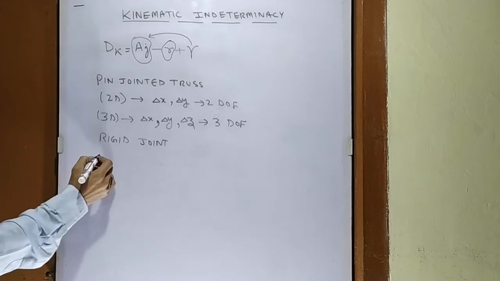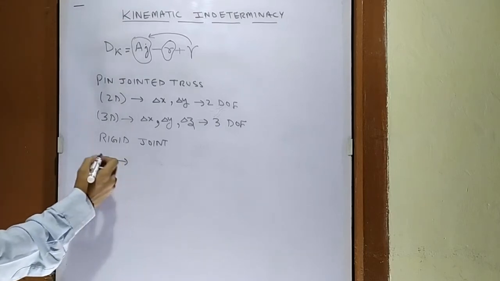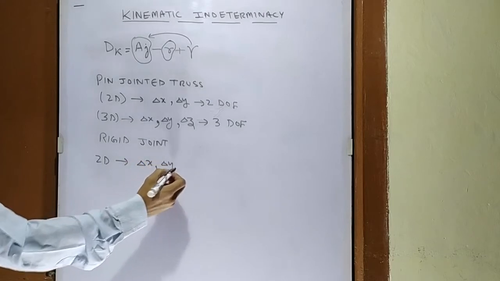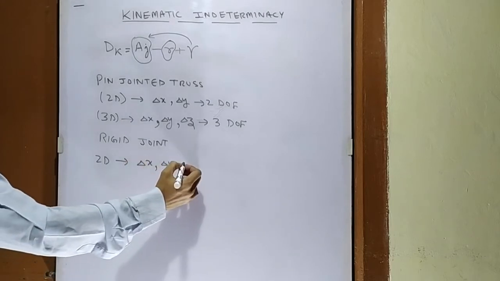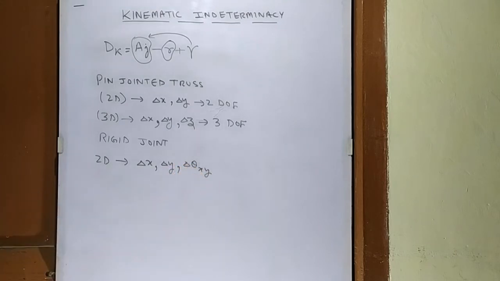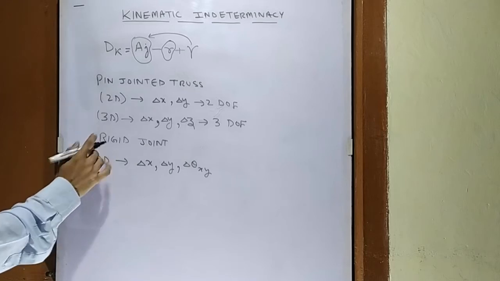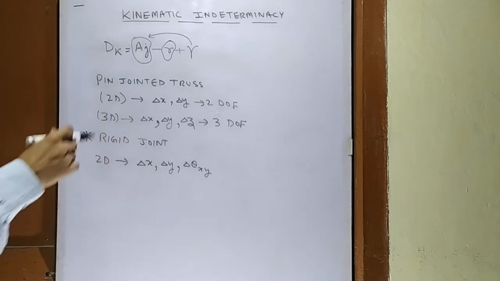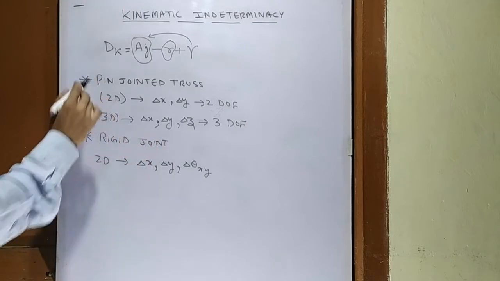So in a rigid jointed structure for 2D, how many degrees of freedom can it have? It can have delta x, motion in the y direction, and it can also have rotation, theta xy. Why will there be rotation? Because in a rigid jointed structure there will be bending moment which will develop rotation in that member.